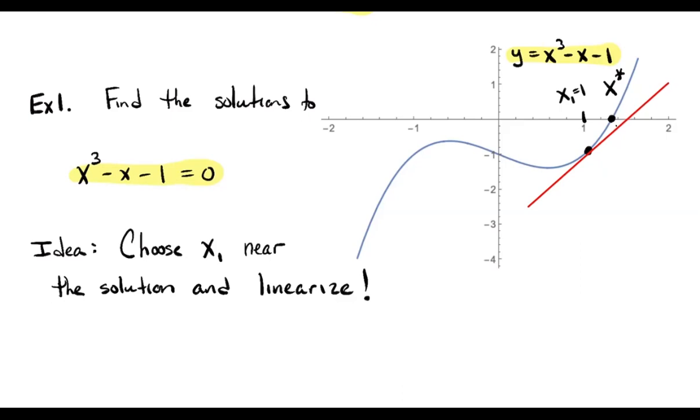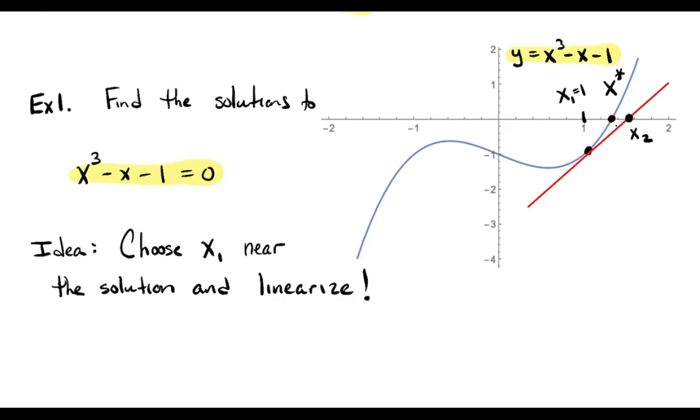So I find the linearization L of x. The linearization is a linear function, and for a linear function it's easy to find its x-intercept. The algebra involved in a linear function is easy. So this point that I'm marking right there, that I'm going to call x2, is easy to find with algebra. And notice that x2 is a little bit closer to x star than x1 was. That's a good thing.